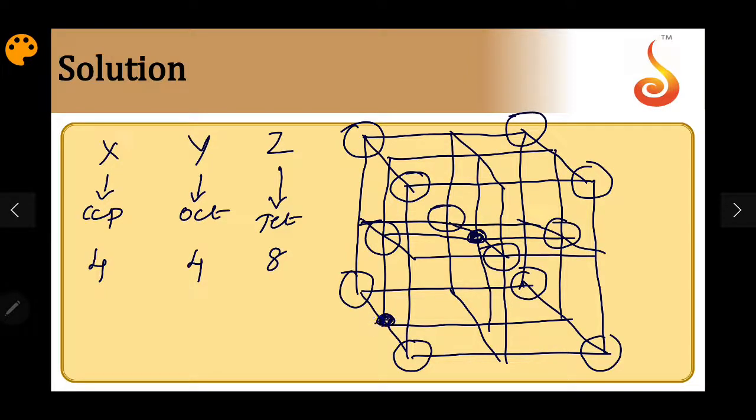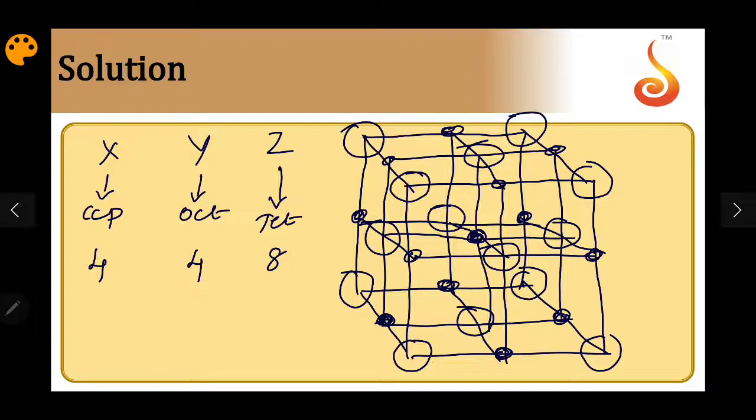All the edge centers are X again. So like an SC structure, you have this. Each of the 8 cubes we are finding, the center of each cube will be a tetrahedral void. So there are 8 such cubes, there will be 8 particles.